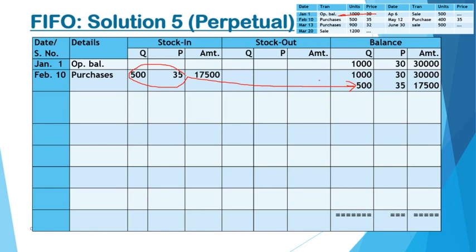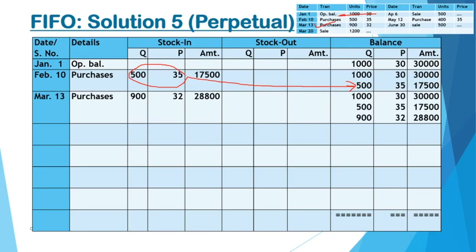Now the next is a purchase of 900 units at the price of 32. So another purchase. Again a third lot is received. Now you can understand how we will record the balance. Initially we have two lots, they will come as it is, and then this third lot will follow. We won't club it, we want information in the order.